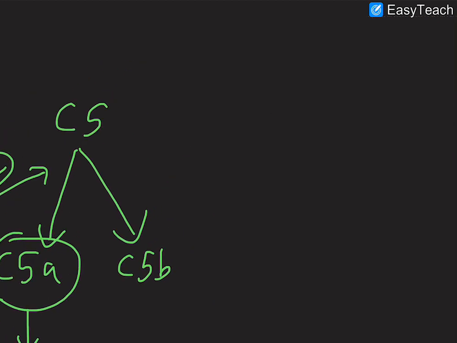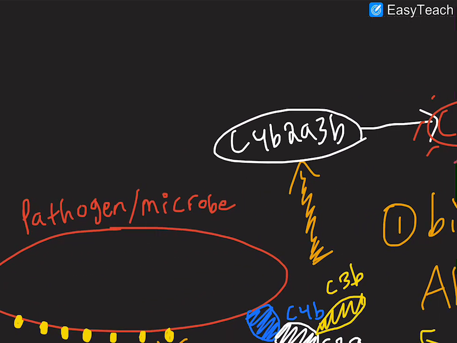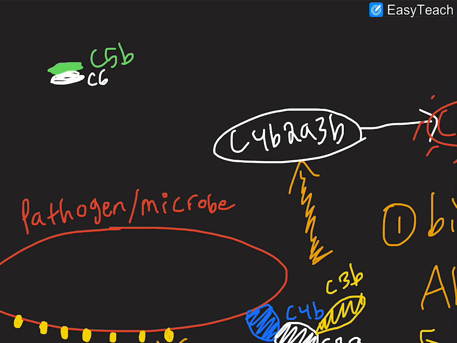So if we go back to the pathogen and draw C5b like this, C5b will then bind to C6, which is the next complement. Then C6 will bind to C7, then C7 will bind to C8, and then C8 will bind to C9.